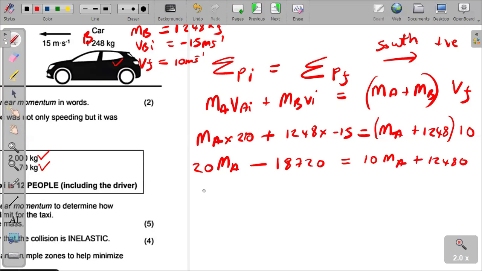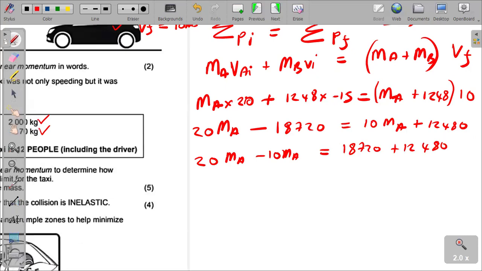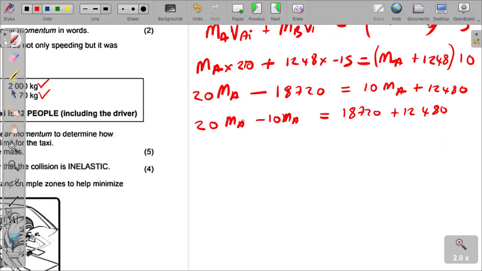Variables to one side and constants to the other. We end up having 20 MA minus 10 MA is equal to 18,720 plus 12,480. There we are, right? So simplifying that, it's going to give us 10 MA is equal to 18,720 plus 12,480.